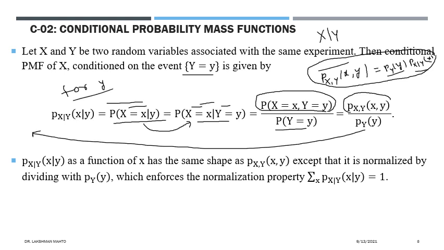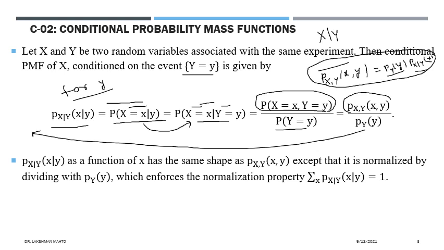When you fix y, the quantity in the denominator is fixed, and hence we can say that here x is the only variable. So whatever shape this one has, it would be directly proportional to the joint probability mass function. So the shape and all the characterization of this conditional probability mass function can be borrowed from the characterization of the joint probability mass function.